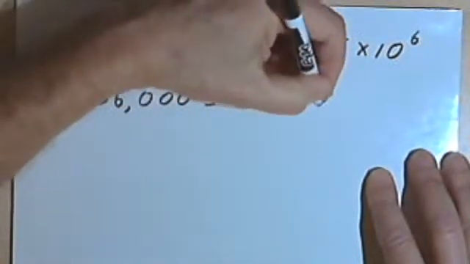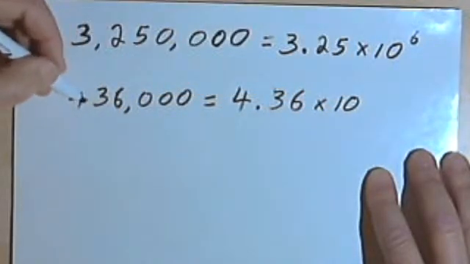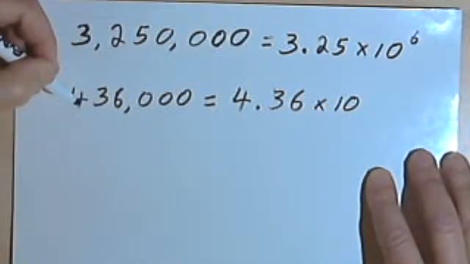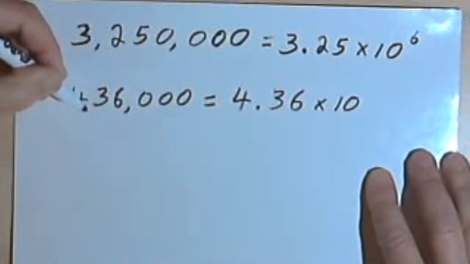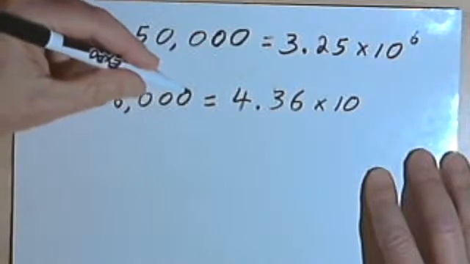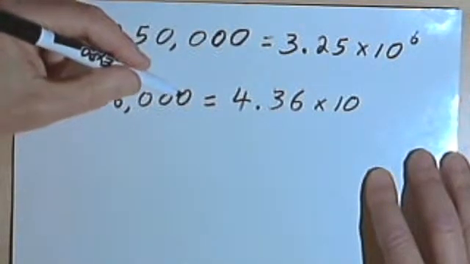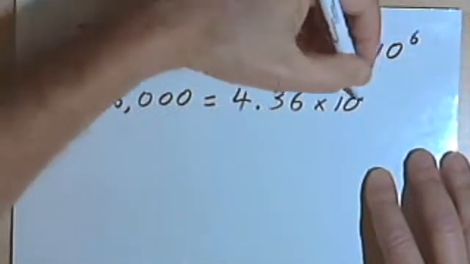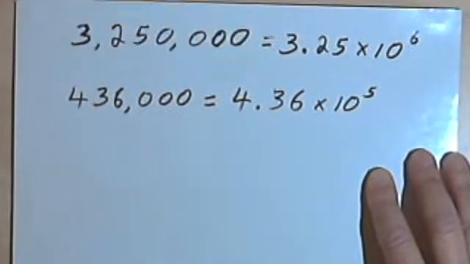I'll multiply by a power of 10. It's going to be 10 to some power. Let's see what the power is. After the 4, when I put my decimal point down, I lost 1, 2, 3, 4, 5 decimal places, or 5 digits. So I'm going to have 10 to the 5th power.